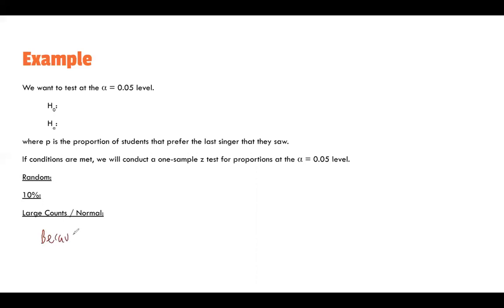Because 0.0919 is greater than alpha, which is equal to 0.05, we fail to reject. I'm just going to write H now. You should write the null hypothesis.